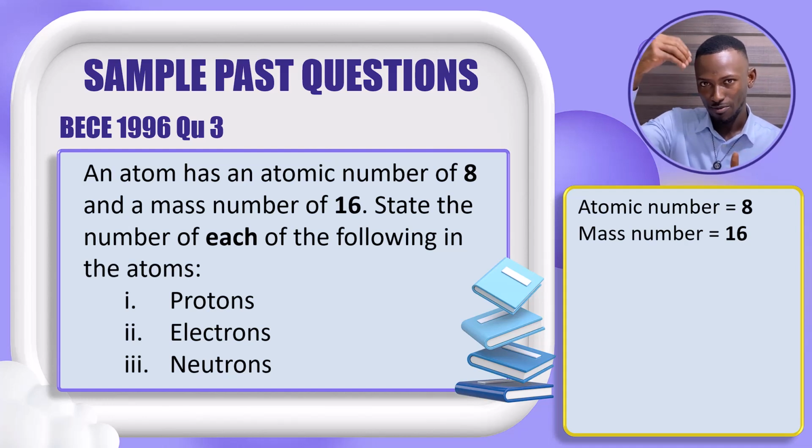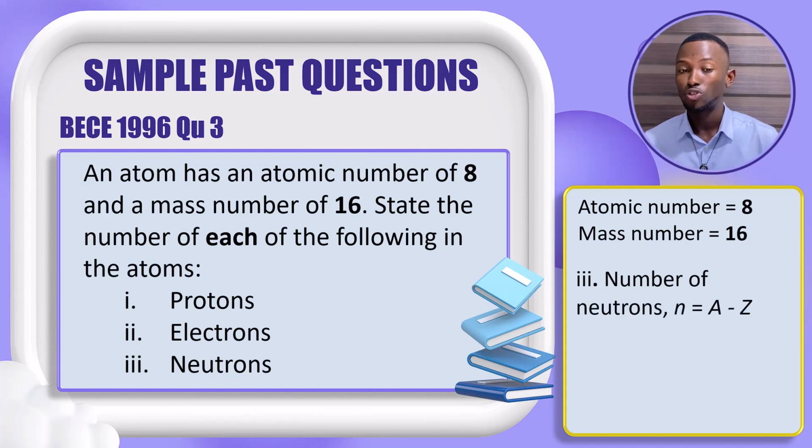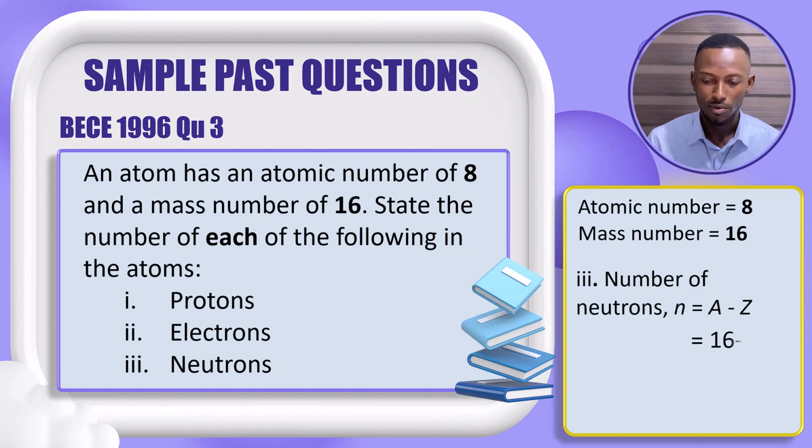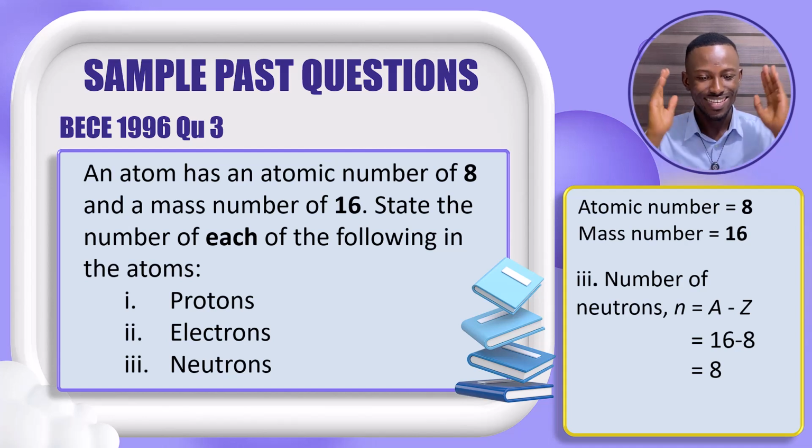So the number of neutrons is N equals A minus Z. And A stands for the mass number and Z is the atomic number. So the number of neutrons will be mass number minus atomic number. This means 16 minus 8, which gives us 8. So proton is 8, electron is 8, neutron is 8 in this particular atom.